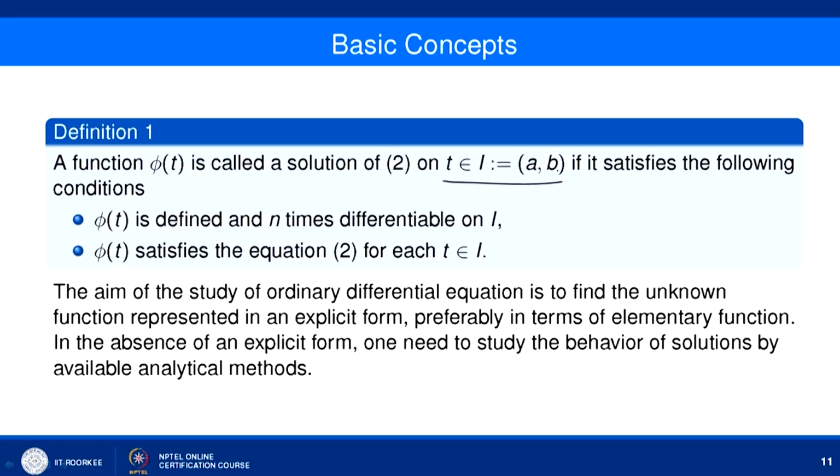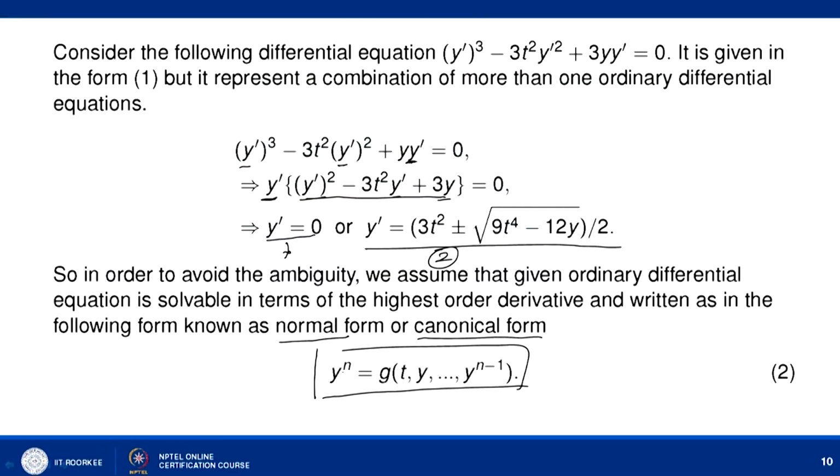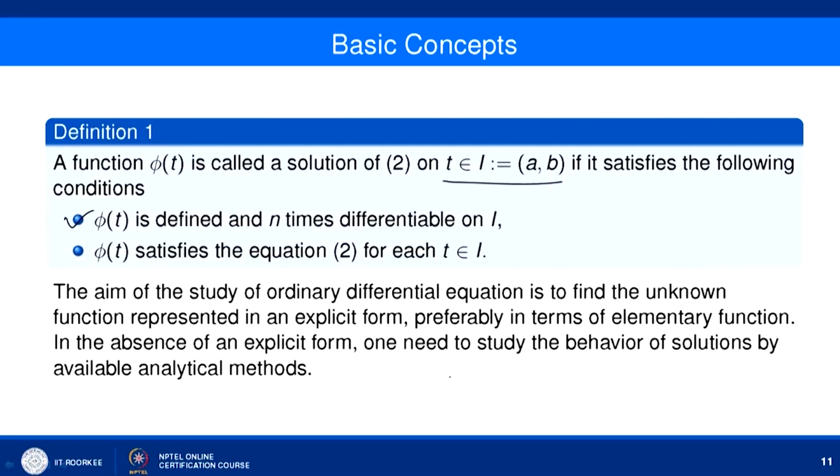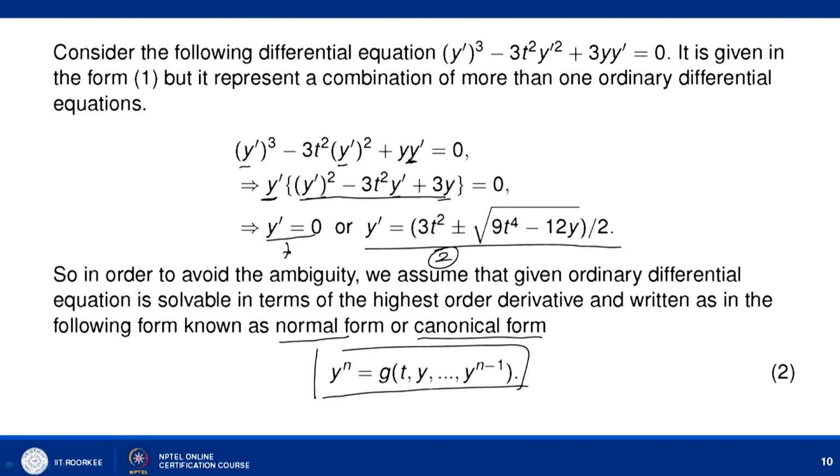If it satisfies the following conditions: first, phi(t) is defined and n times differentiable on I, so that all these derivatives, up to the nth derivative of y, exist. And second, phi(t) satisfies equation 2 for each t in I. So it is not only that all the derivatives exist, but it also satisfies this equation for all t in that particular interval.